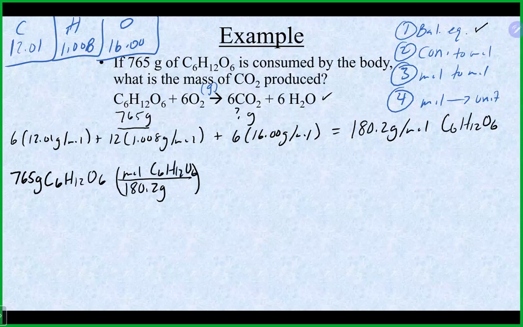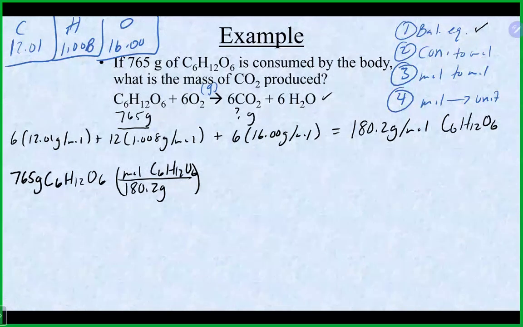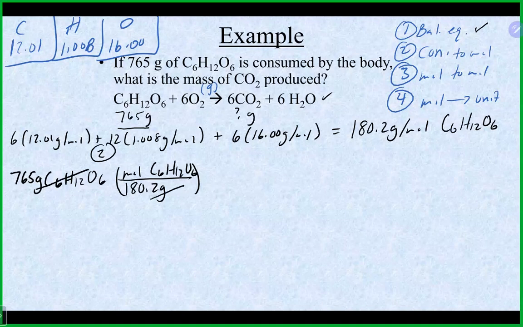In this particular example, I'm not going to actually get an answer. I'm just going to do it all in one calculation so you can see it. This is basically step number 2 here. If I stop right at this point, the grams will cancel, and I'm in moles of C6H12O6. Once again, we can now go to step number 3, which will be our mole-to-mole relationship.